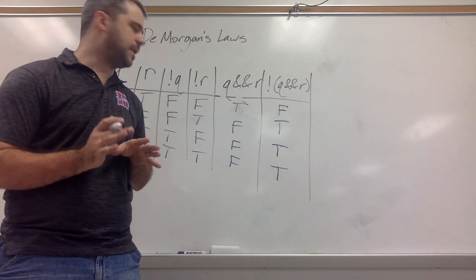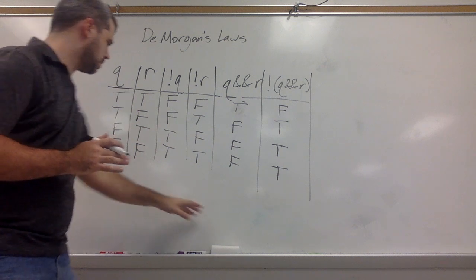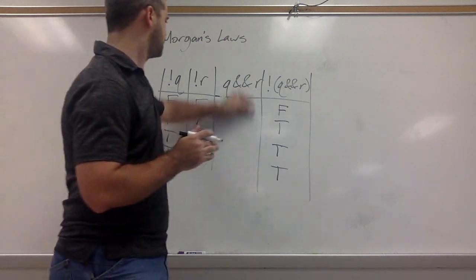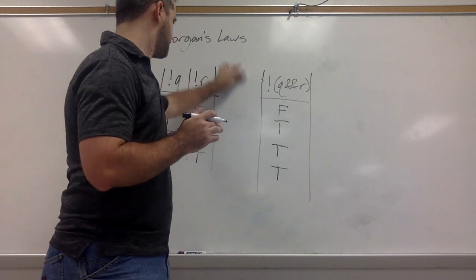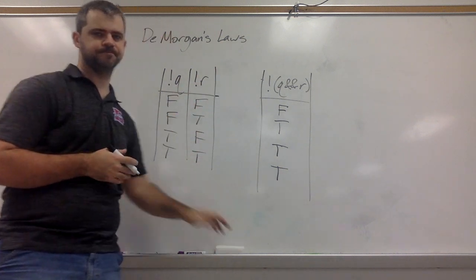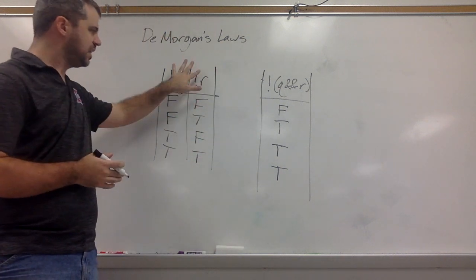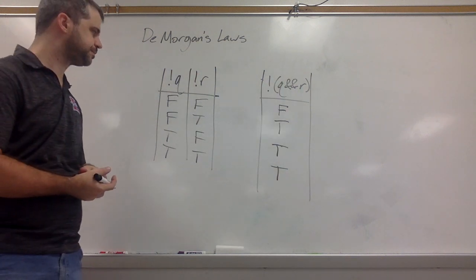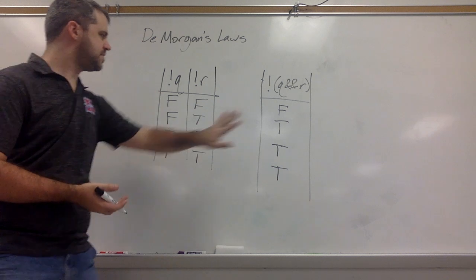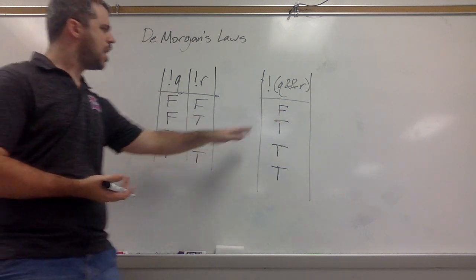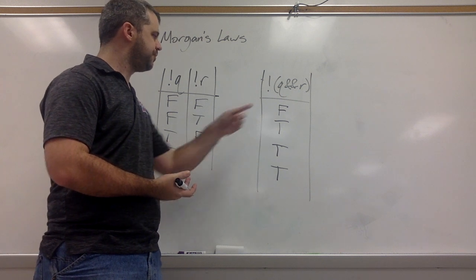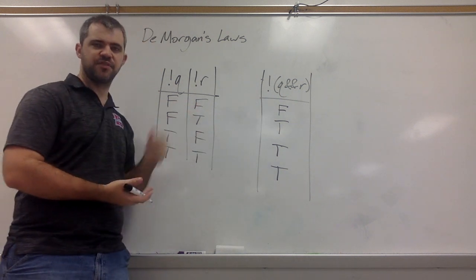What I want you to do for a minute is ignore these guys and these guys. Let's look at these nots and let's look at this guy right here. What does this guy have to do with this? Well, this guy seems to only be false when these 2 guys are false.